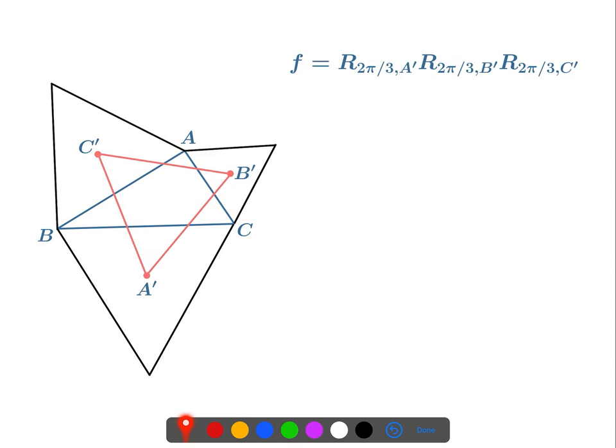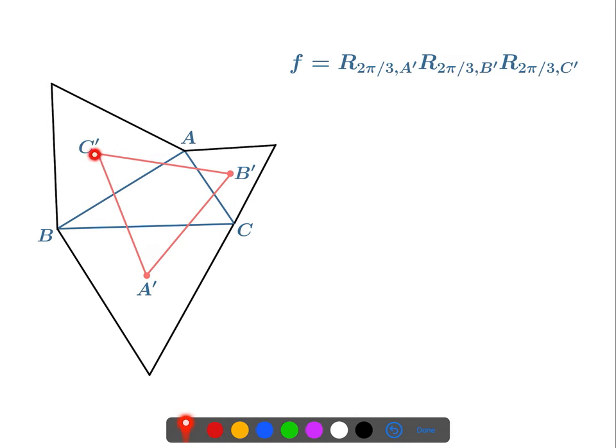If you look at what happens to B, I first want to rotate about C prime by 2 pi over 3. Again, we're going counterclockwise. So if I go counterclockwise 2 pi over 3, what's 2 pi over 3? Notice the angles in the middle here are all 2 pi over 3. There's 3 of them. Going all the way around is 2 pi. So from here to here to here, this angle is 2 pi over 3.